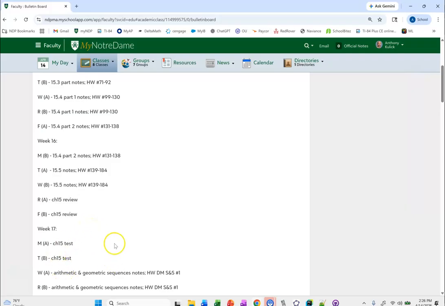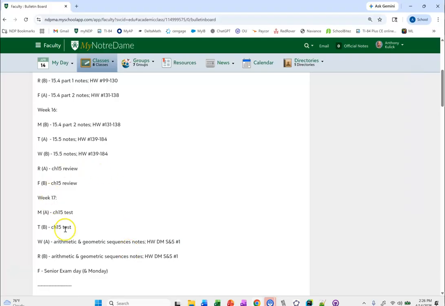That would be the last possible thing you'd be doing as a senior. It may end up being pushed as part of your exam, depending on if we get to it or not. Maybe the juniors take the chapter 15 test, and then it's just part of the senior exam if you have to take an exam as a senior. We'll just play that by ear.